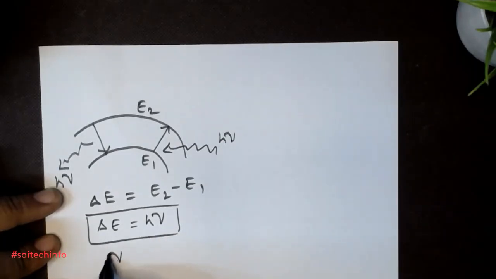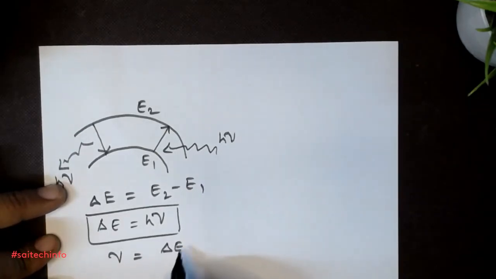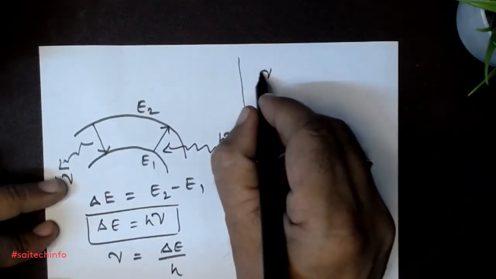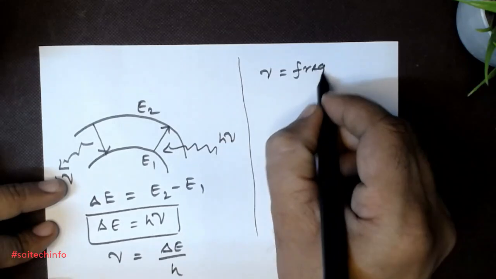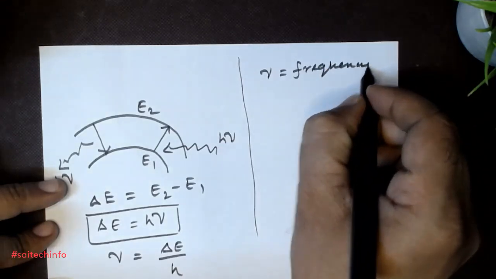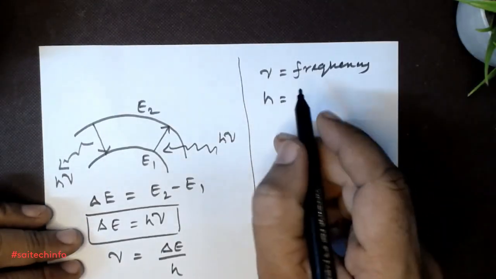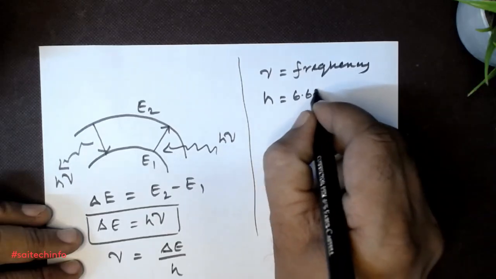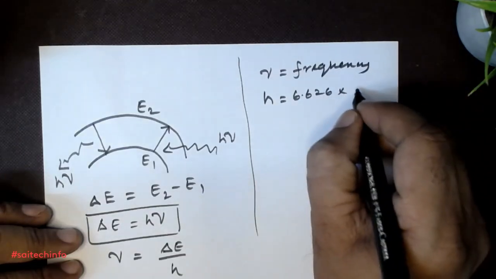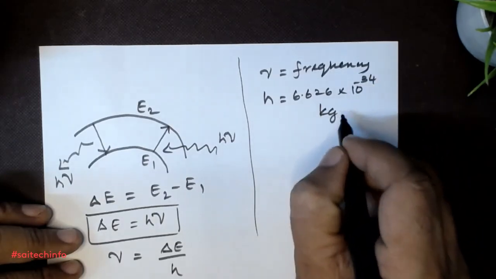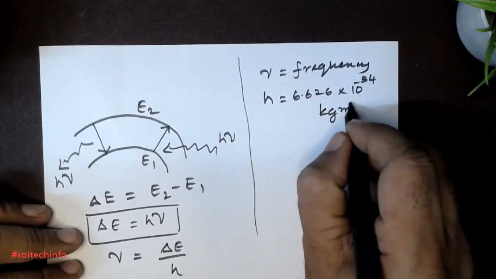You can say nu is nothing but delta E divided by h, where h is Planck's constant and nu is the frequency. And h is Planck's constant. Its value is 6.626 into 10 power minus 34 kg meter square per second.